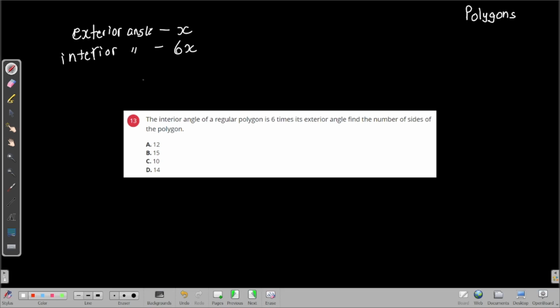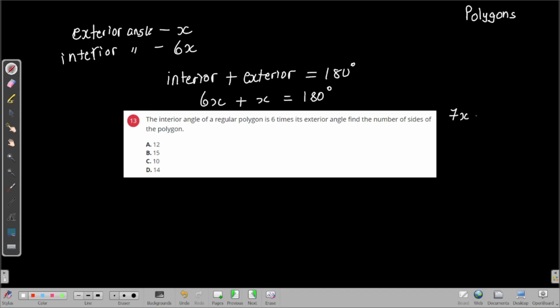Now one thing about polygons, you should know that the interior angle plus the exterior angle will give us 180 degrees. So 6x plus x is 180 degrees. So 7x is 180 degrees and x is 180 divided by 7.